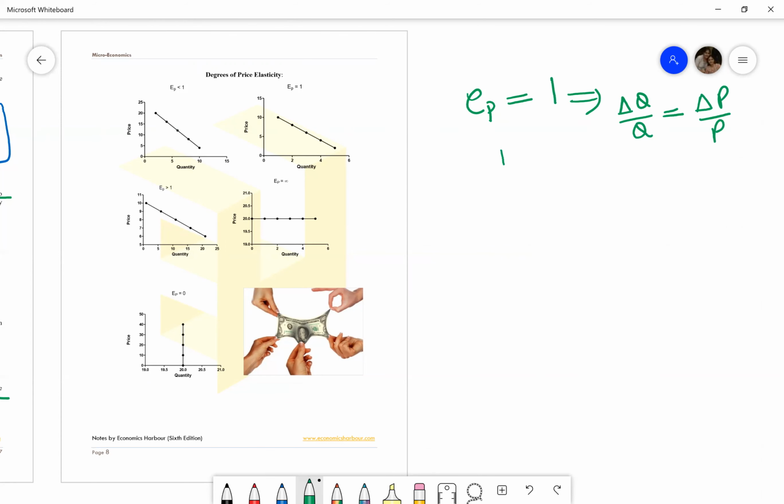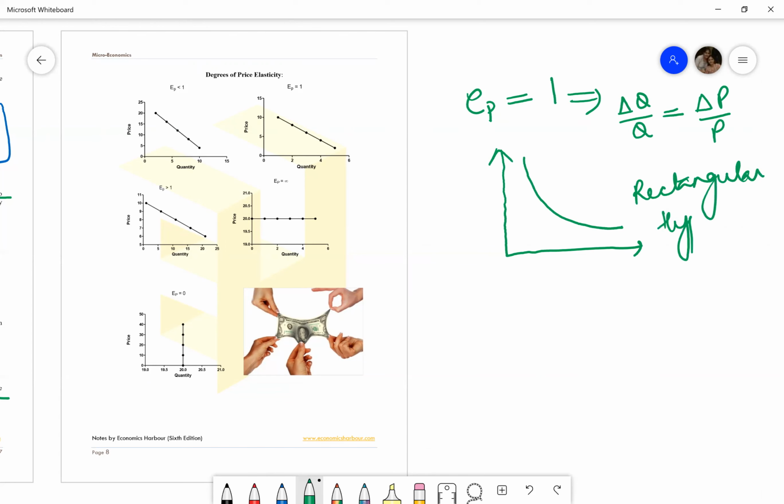And what will be the shape of the demand curve? It will be a rectangular hyperbola. This is an important question and it has come several times in the examination. So the shape of the demand curve will be a rectangular hyperbola when the price elasticity is equal to 1.